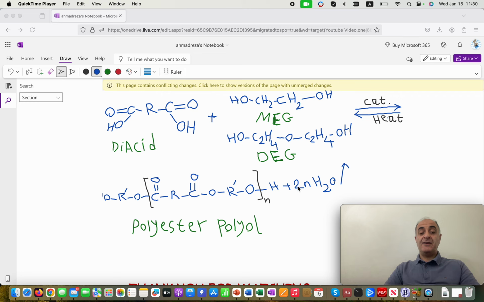So if we remove all of the water molecules from the system, then we will have mostly the polyester polyol with very low acidity, because most of the acids are consumed and the final acidity will drop dramatically.